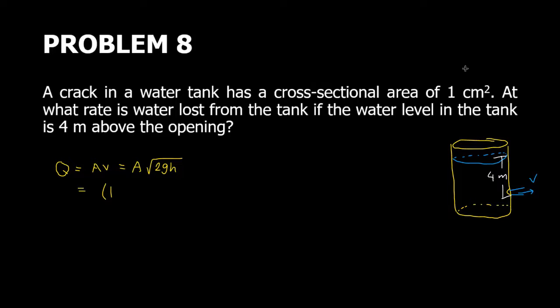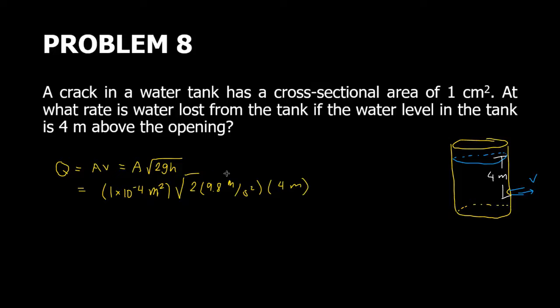We have 1 square centimeters. So we're gonna express this in square meters para mas madalian tayo. So that is 1 times 10 raised to negative 4 square meters times square root of 2 times 9.8 meters per square seconds times ang h natin, which is 4 meters.